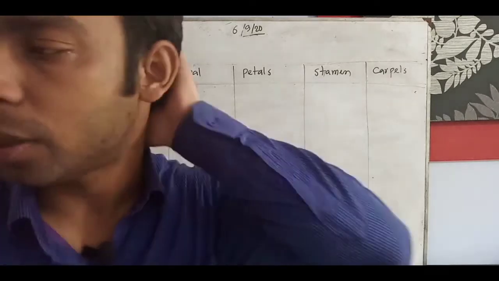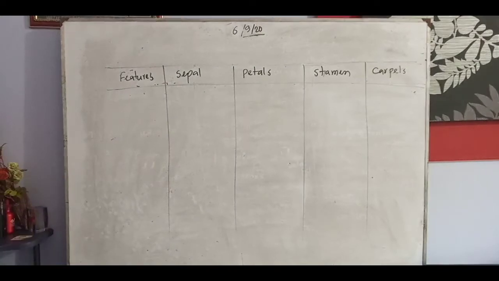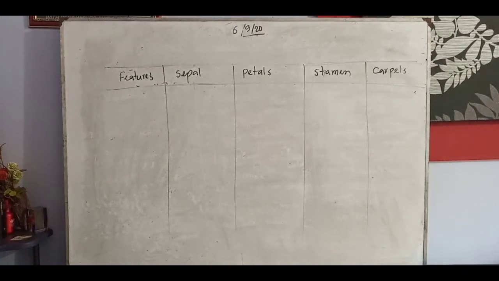But my dear students, I have a question. We got 5 important parts that are needed for a complete flower. Without the 5 parts we cannot see a complete flower. But why have we written only 4?